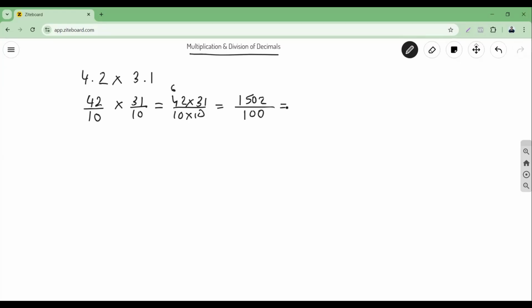Because I have to convert that into a decimal, since there are two zeros here, it gets changed to 13.02. So that will be my answer.